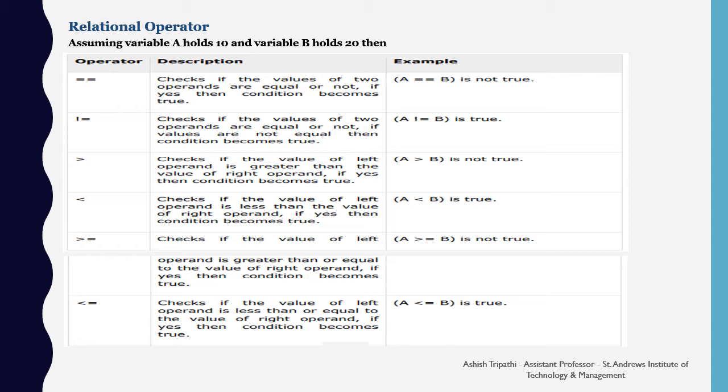For example, a greater than equal to b is false. Less than equal to. It checks if the value of the left operand is less than or equal to the value of the right operand. If yes, then the condition becomes true. For example, a less than equal to b is true.